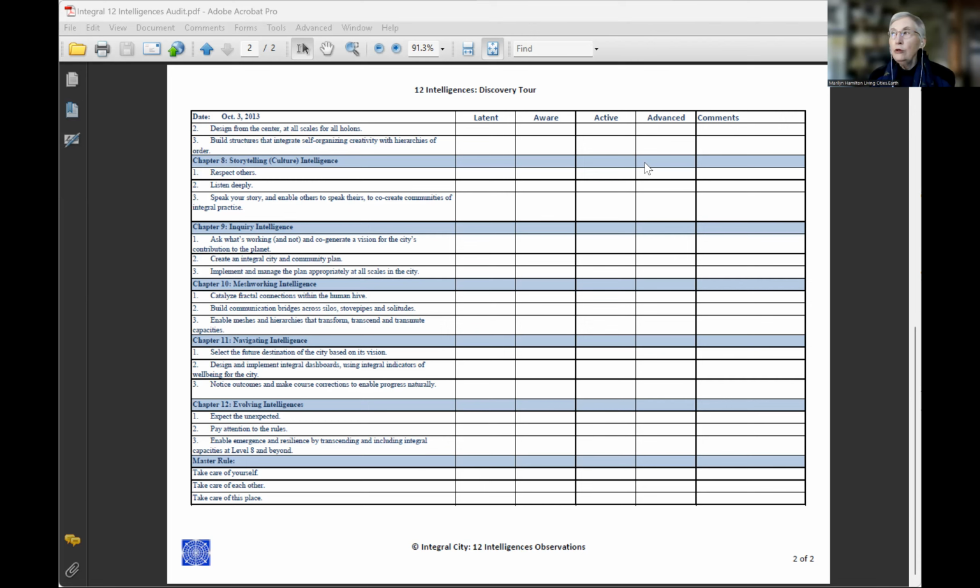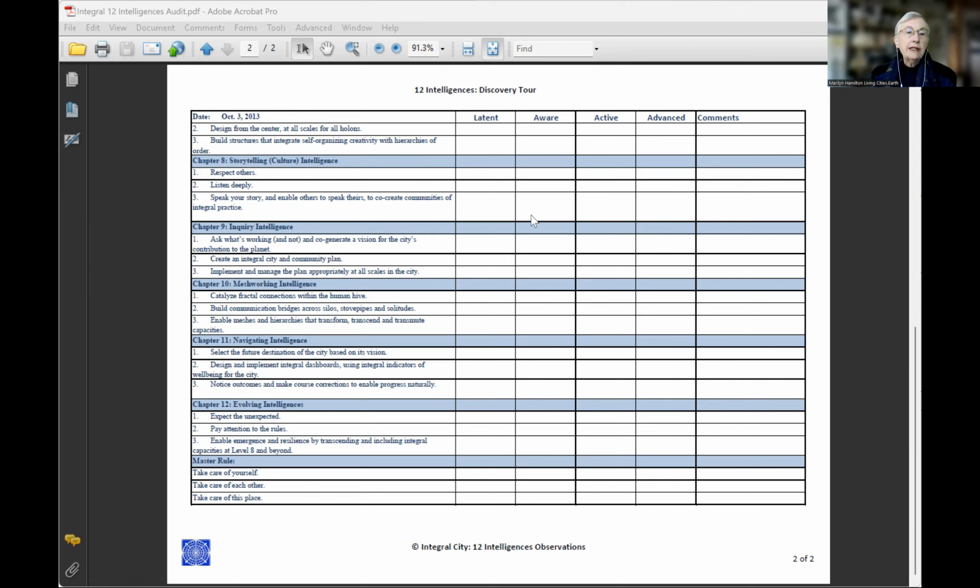So being able to allow for stories to emerge and holding them both respectfully and listening to them all work together in this storytelling or cultural intelligence. And this intelligence is matched with the building or systems intelligence to create the collective intelligence.